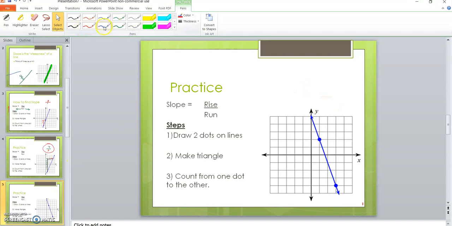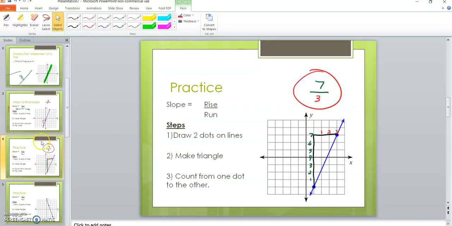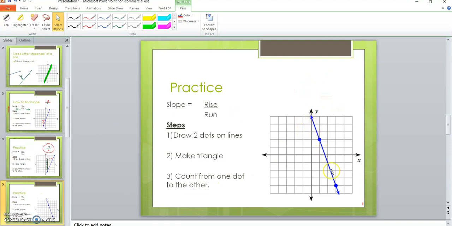So this one's a bit different. As you can see in the last couple, our lines have been going up. But this one, the line is going down. So, they've drawn the 2 dots on the lines for us, and now we need to make the triangle.